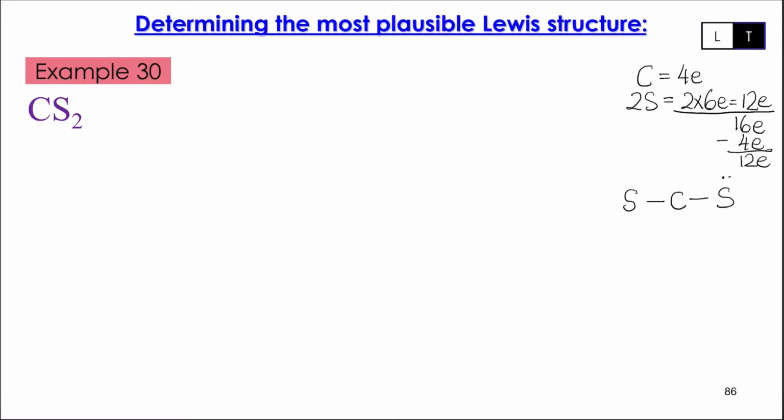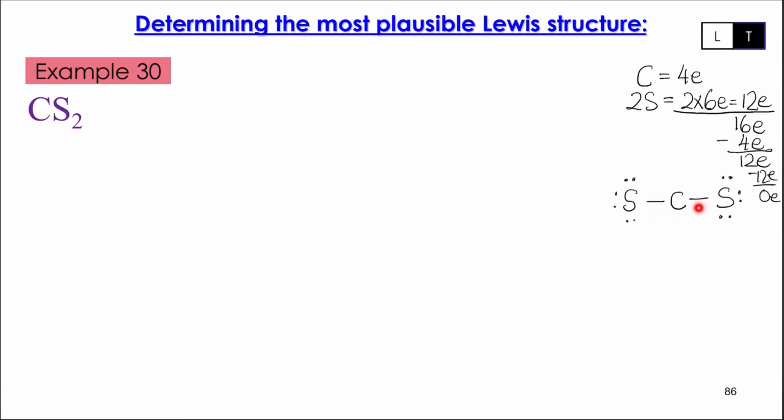So I put 12 dots around my terminal atoms, which are sulfur, so I use up everything, so the rest will be 0 electrons. And now I'm going to determine whether my central atom is octet or not yet. If you see here, the electrons surrounding the central atom, my carbon, are only 4 because of 2 bonding pairs, so 4 electrons.